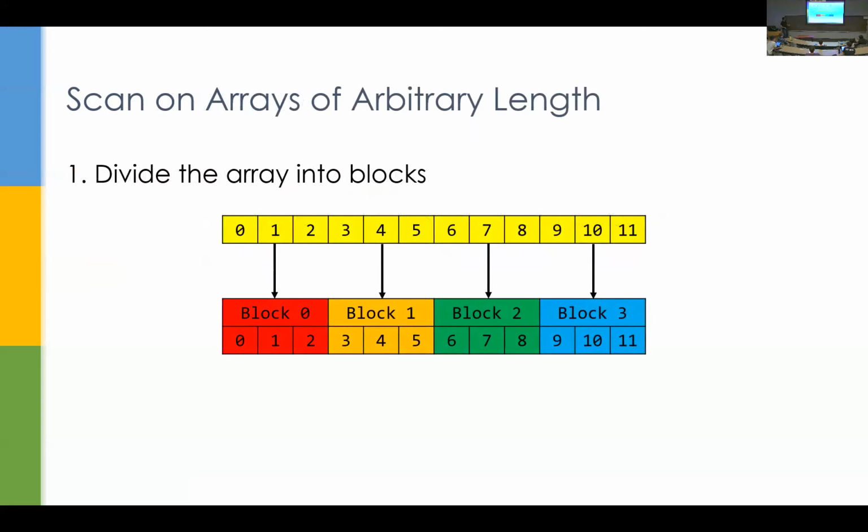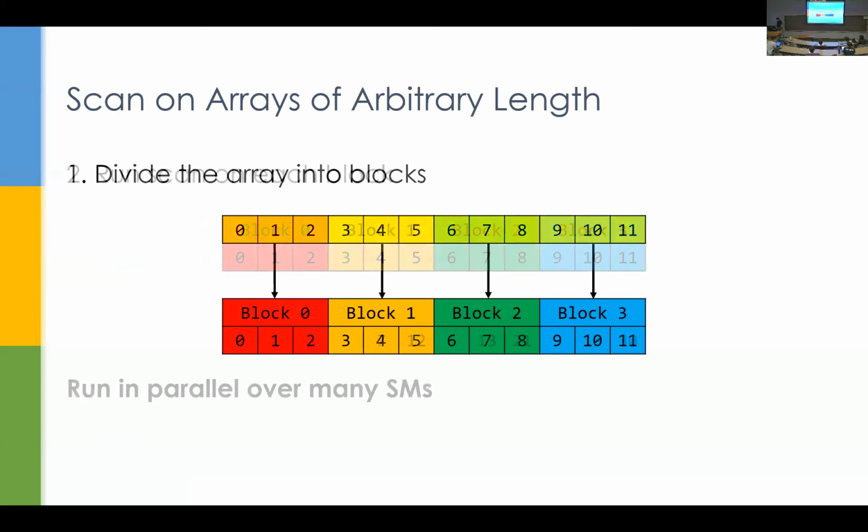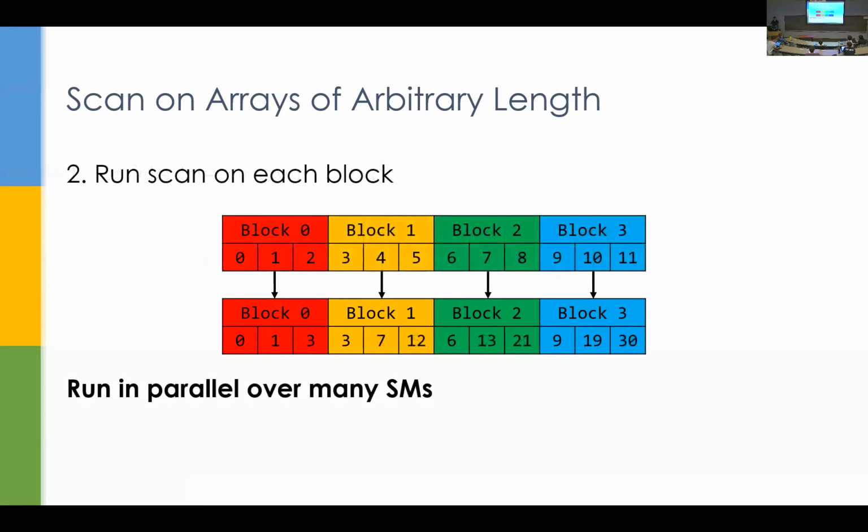So let's say this input, and our block size is 3 for the sake of simplicity. Okay. So you're going to divide it into blocks. Okay. You run parallel over each SM. Everybody follow me so far? This step is a scan within the block, which is easy to do.